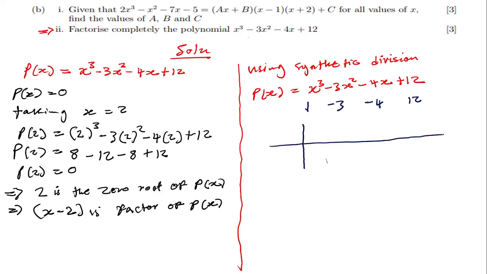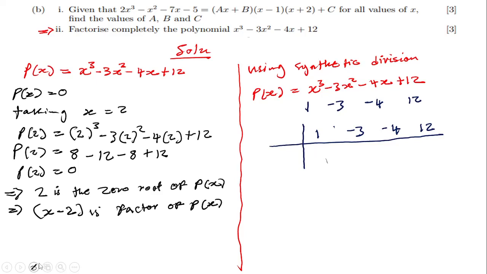So this is a table. There I'll put my 1, and then there I'll put my negative 3, and there I'll put my negative 4, and lastly I'll put my 12. So from there I'll demarcate these.